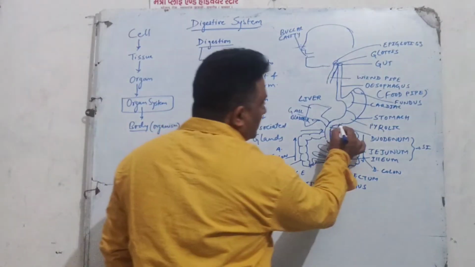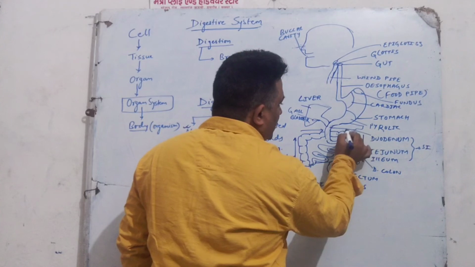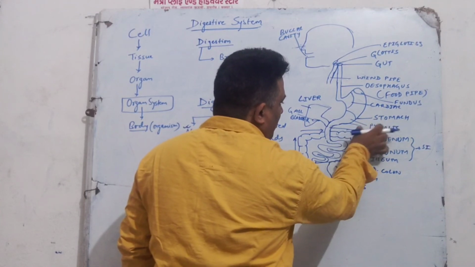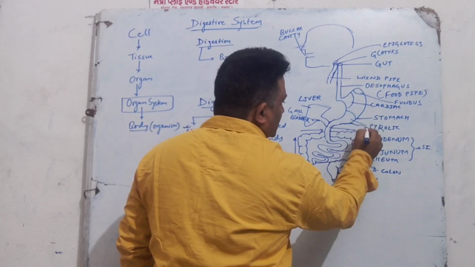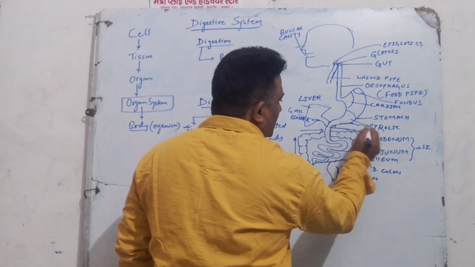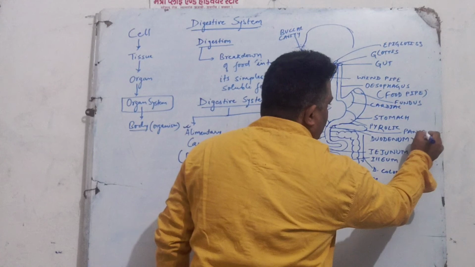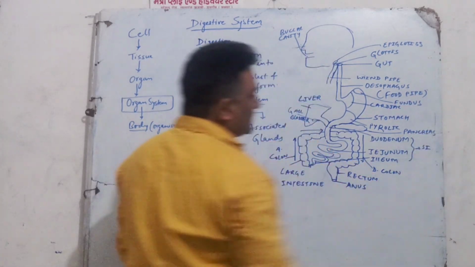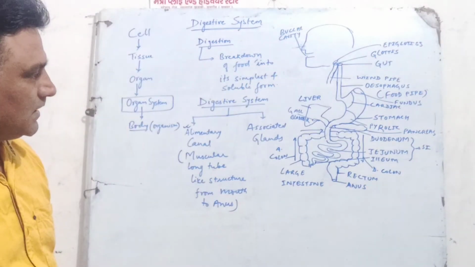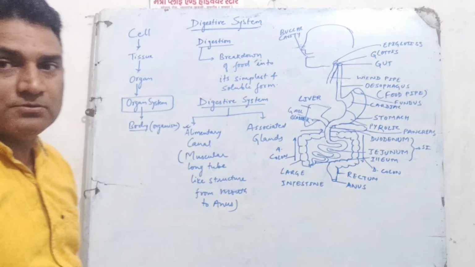So let me make one more. It is a leaf-like structure which is found just below. This is the pancreas. I believe it is clear for you all.